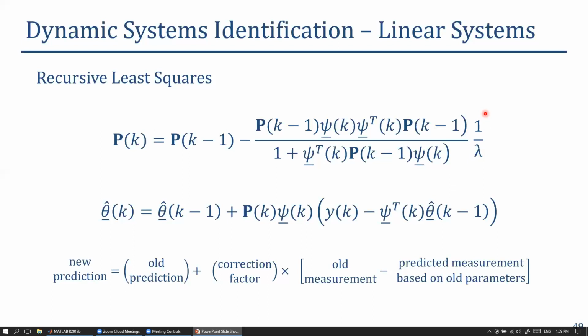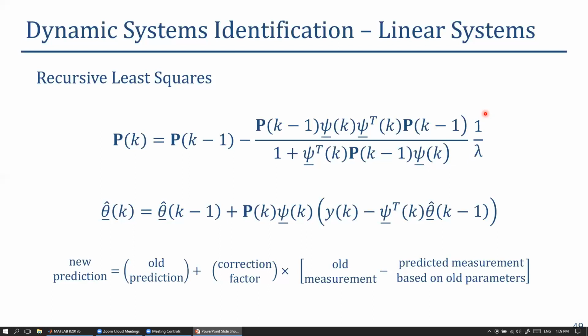Right, so basically this forgetting factor, this lambda, tells us how important the old values are for the new prediction or for the new parameter calculations.